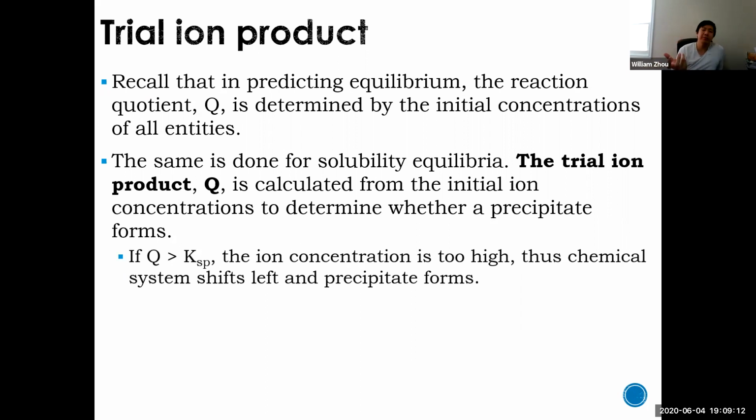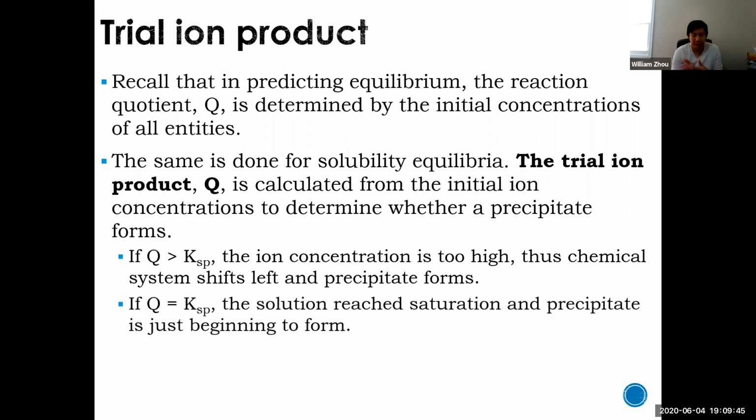If you multiply all of your ions together, like you would for the KSP, but it's not in equilibrium, so Q, and if you get a huge number, this is bigger than the KSP. This means that you have way too many ions. You have excess ions. The concentration is too high, so therefore equilibrium will shift to the left to make more solid. They will form a precipitate. If Q is greater than K, precipitate forms.